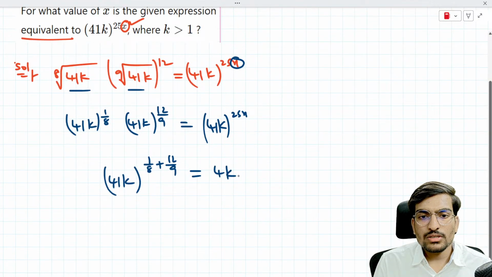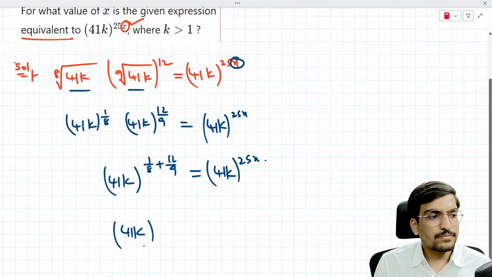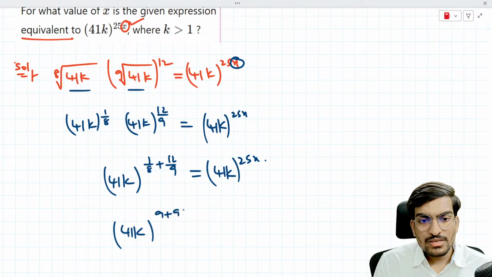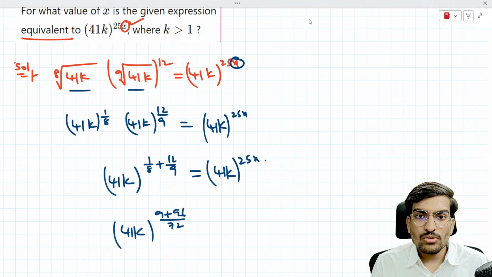You are going to get 41k equals 25x. So 9 plus 12 eights, which is 96; 9 plus 96 by 9, 872. Or else you can cross out and make it simple: 3 3s, 3 4s.